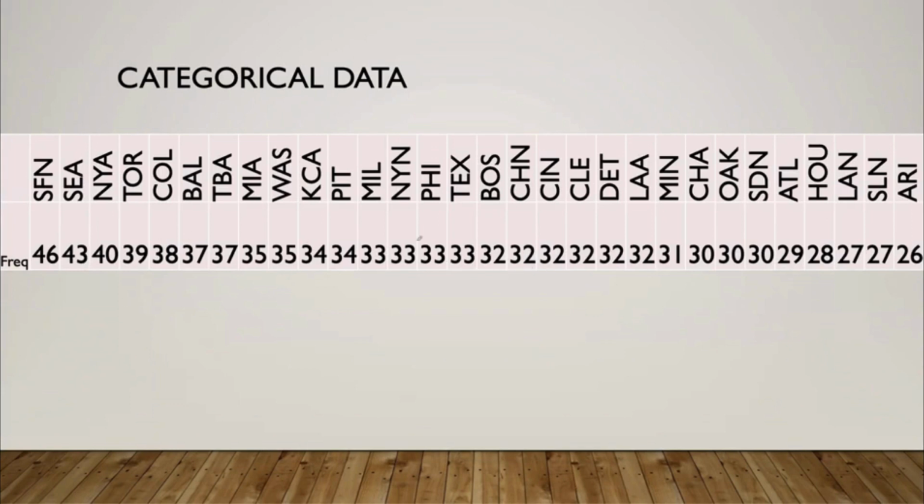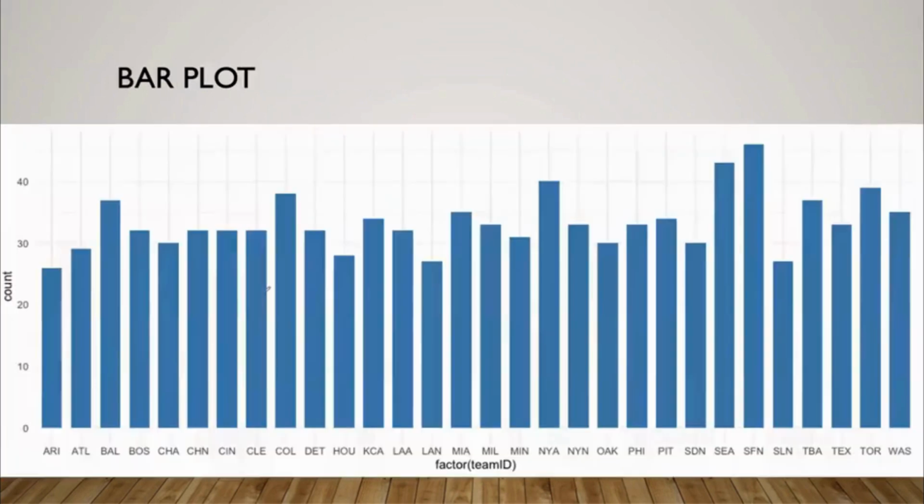You can go on down through here. And this is kind of hard to look at. So maybe we would want to have a bar plot or something like that, where we plot out the count of each type, or each team.